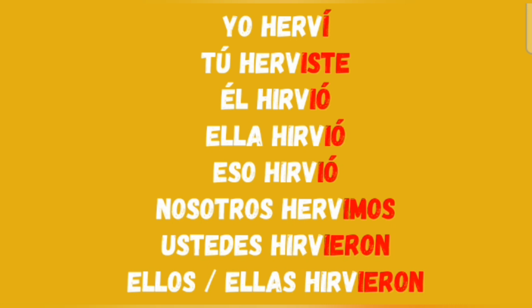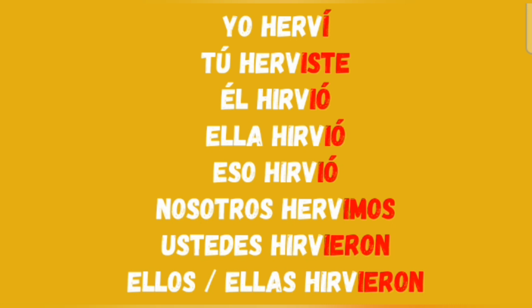Tú herviste. Okay, now in the third persons, we have he boiled. Okay, so if you want to say he boiled, then you have to say él hirvió. Él hirvió.